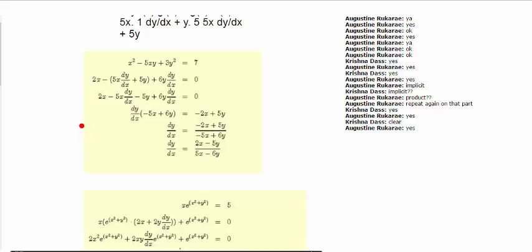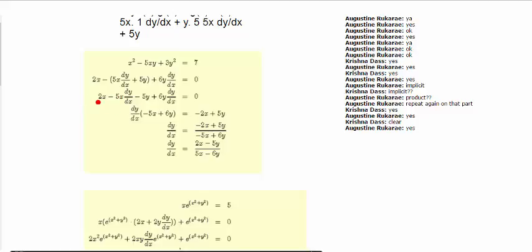Now our task is to bring all the variables with the dy over dx to one side, and then bring those without the dy over dx to the other side, right? Because our task is to form an equation whereby we have dy over dx equals to something. That is our task, right?